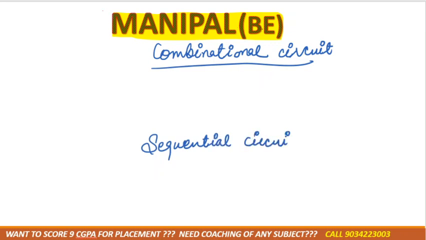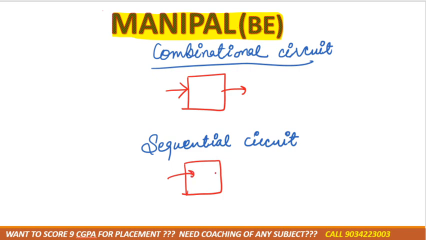In the combinational circuit, if we provide some input, accordingly we'll get some output, right? But in a sequential circuit, we'll give some input, then the output that comes will become the input of the next stage. Then we'll have output for this, and again that will become the input for the next.